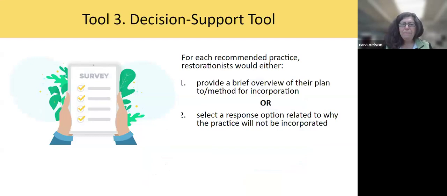And then the person completing the survey for each recommended practice would either say, yep, we're doing our stakeholder mapping, and there would be an open-ended comment box for them to put in some detail about what they're doing. Or they could say, nope, we're choosing not to do this, and there'll be some preset responses as to why. Don't have capacity, don't understand, don't think this is relevant. Okay, next slide.